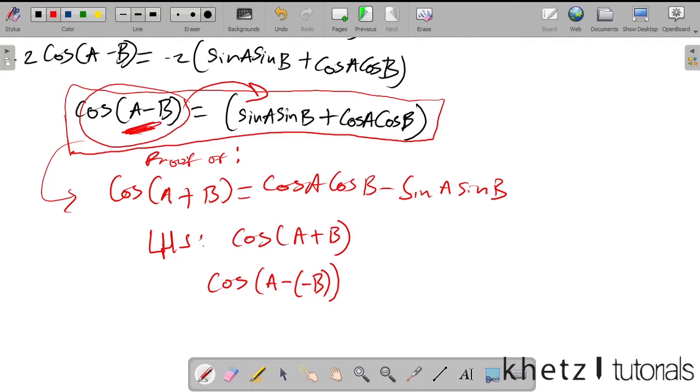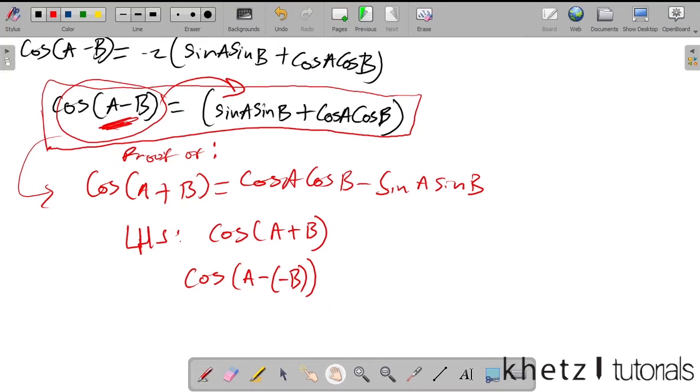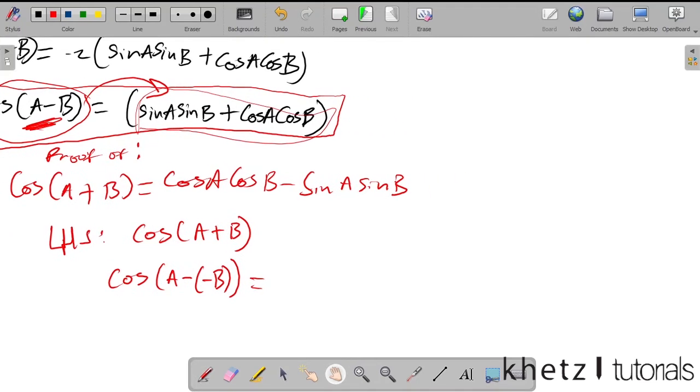Therefore, since it's proven that A subtract another angle is equal to this, we can do the same thing over here and say we have cosine of A, cosine of negative B, because negative B is the second angle.